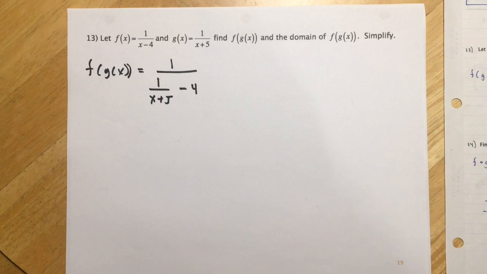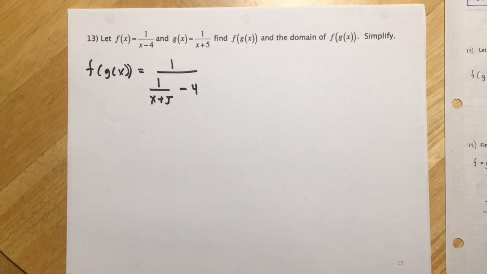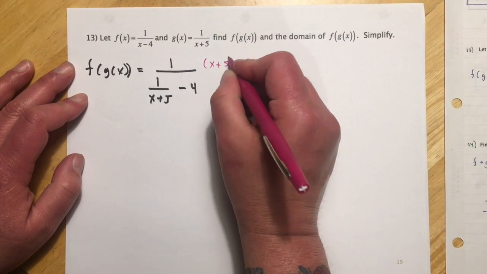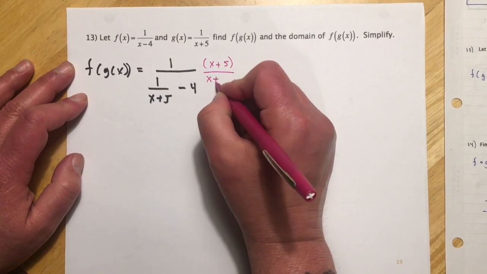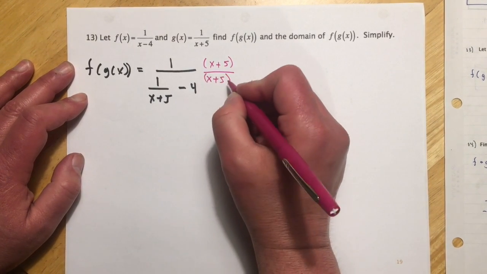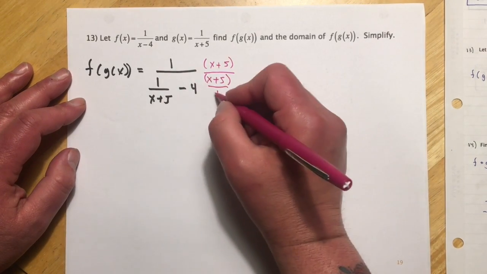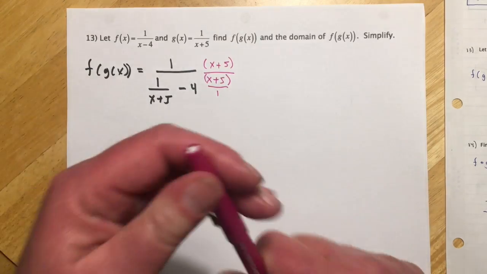And I don't want to have a fraction in my fraction, so I'm going to multiply top and bottom by x plus 5. And if it helps, you can think of this as over 1, and that's going to help you maybe see the canceling on that first piece.